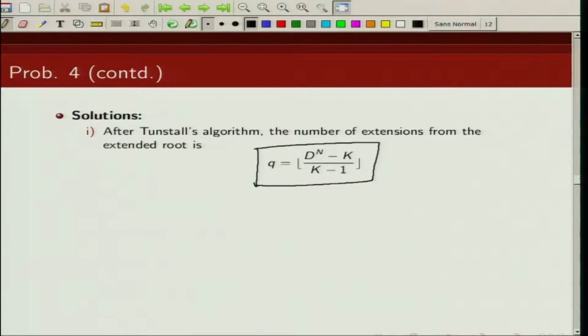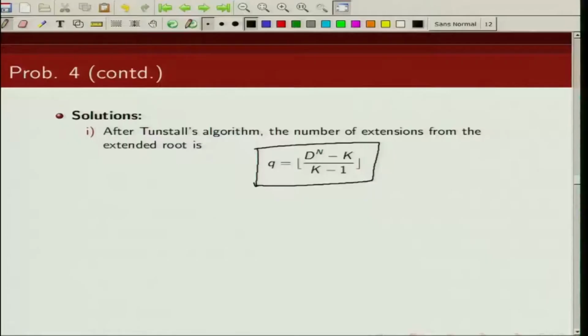It's the floor of D raised to power n minus k, divided by k minus 1, because when we are extending a leaf, we are creating k new leaves from the extended root, but one leaf becomes a node now. So each time we are actually adding k minus 1 new leaves.